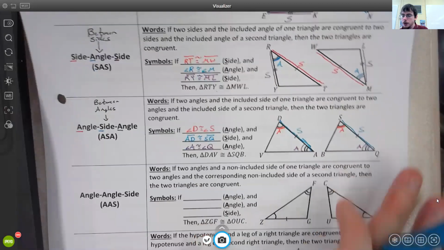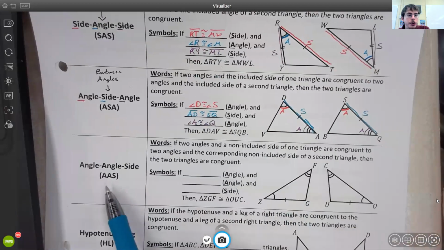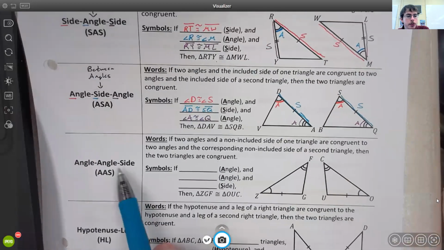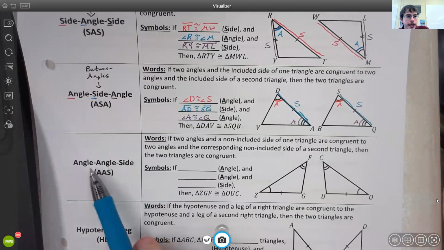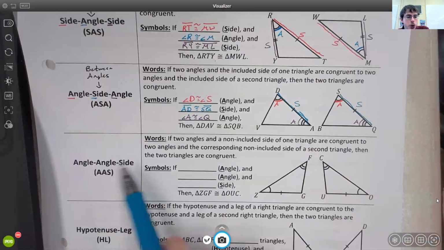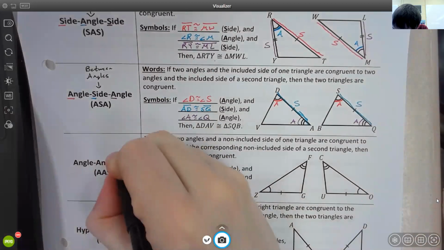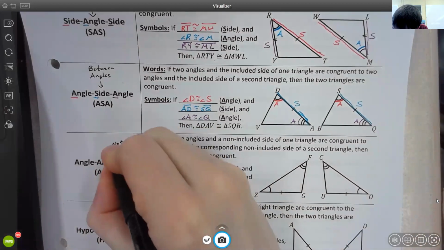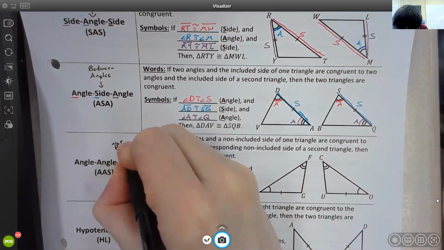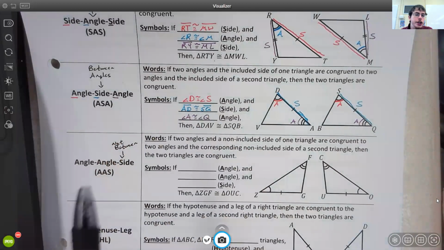All right, next up, angle, angle, side. Now notice here that the side is outside of the angles. It's not between them, okay? So that's important. This is not between the two angles, okay?